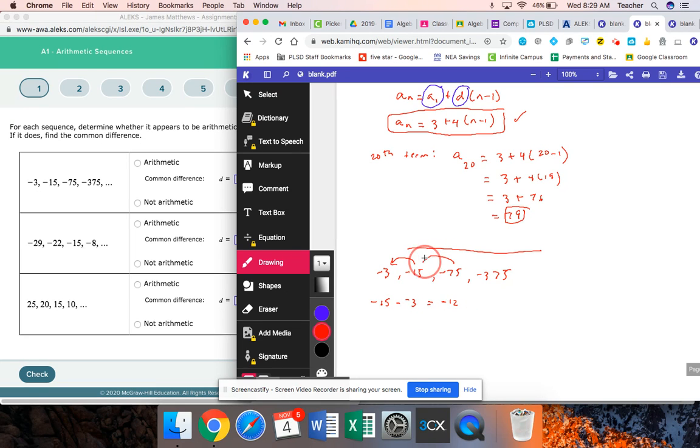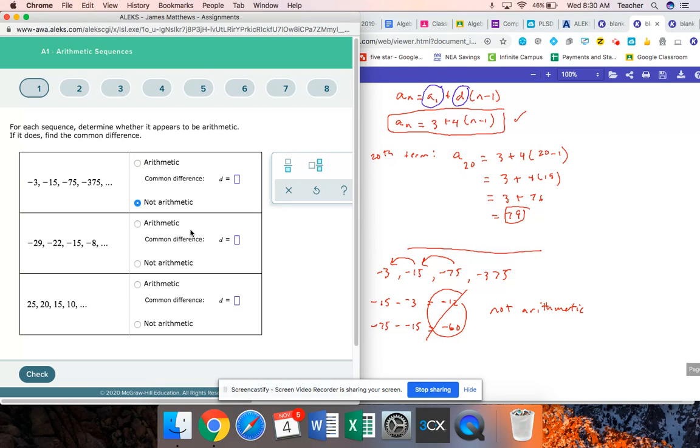Let me do the same thing here. Negative 75 minus negative 15, that's going to give me a negative 60. Well, right away, this is not a common difference. So not arithmetic. If I did that with all of these numbers and the result was the same, I would say it's arithmetic. This one is not.